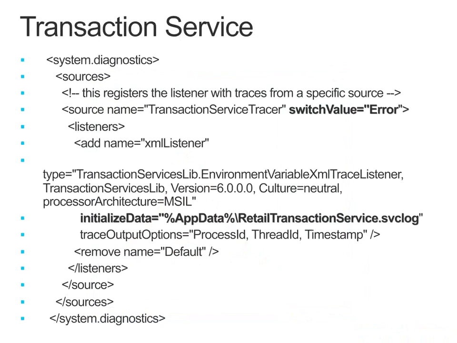And then for the transaction service, there's also a tracing option in the transaction service.ext.config file. We're using the .NET system diagnostics functionality, so whatever the standard configuration options for .NET are, you can specify them. I highlighted the 2 key things: the switch value, which is, for example, error, or you could do some tracing there as well.